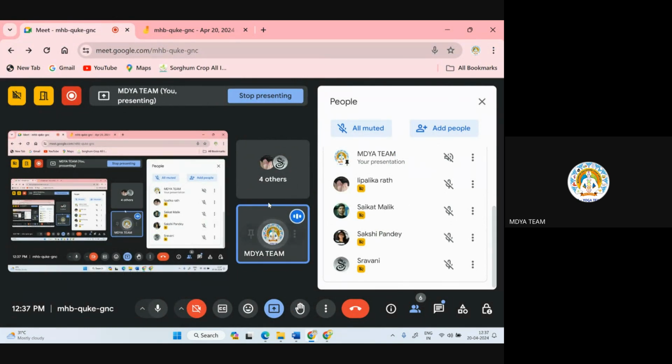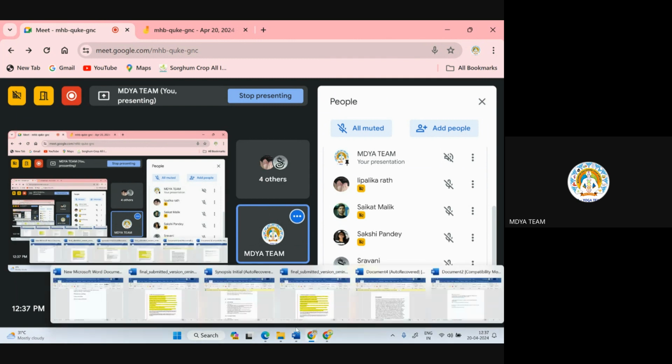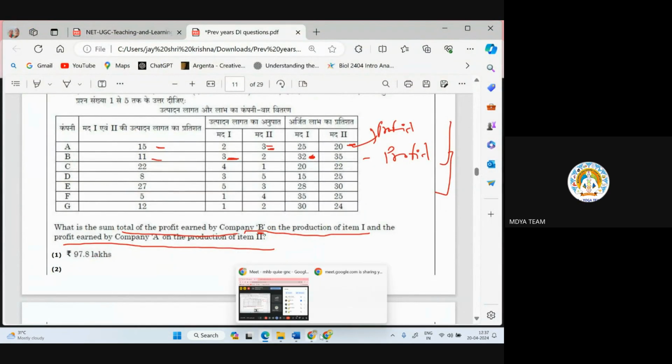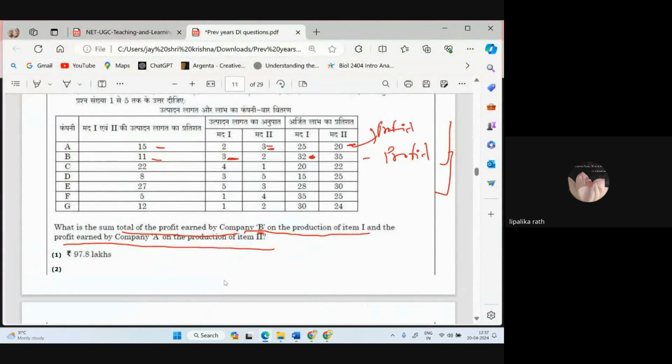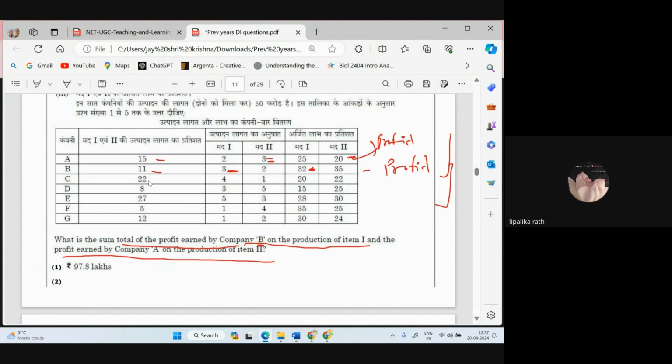Any doubt in this question? Okay, next question. Sir, yes. Okay, sir, means first we calculate the cost price of company A item 2 and company B item 1.